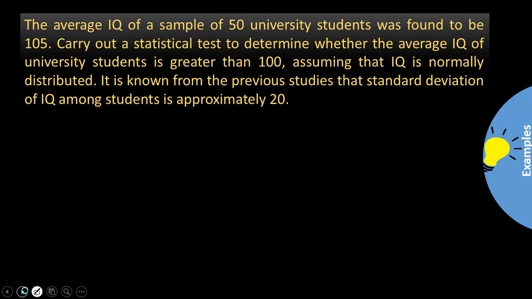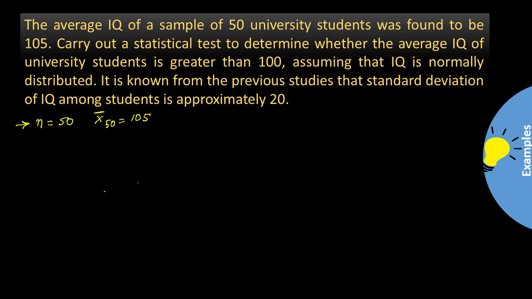First of all we will collect the data given in the question. The average IQ of a sample of 50 university students: so the sample size is 50 students, and the average IQ is 505. This is the sample mean.